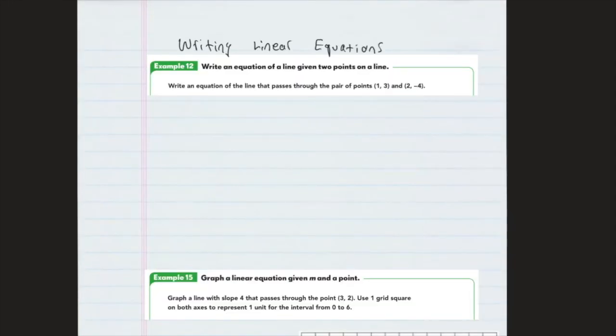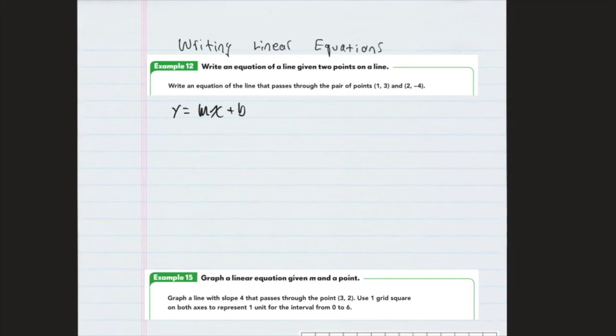Our second to last example is write an equation of a line that passes through the pair of points (1, 3) and (2, -4). So I know that the two things I need to write an equation in slope-intercept form is the slope and the y-intercept.